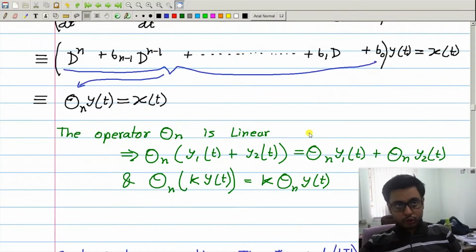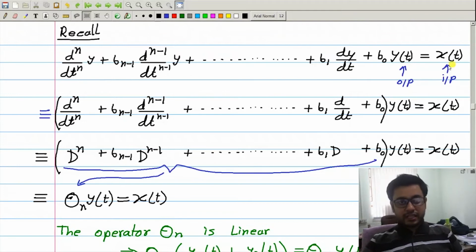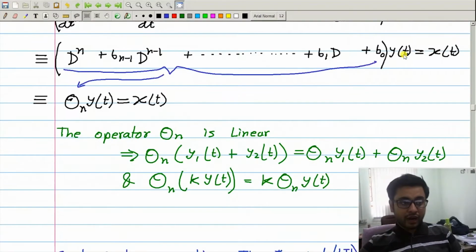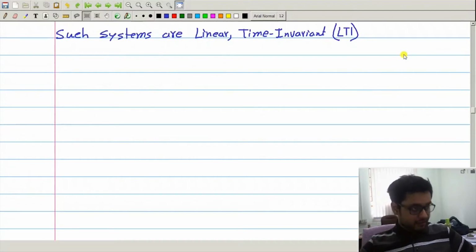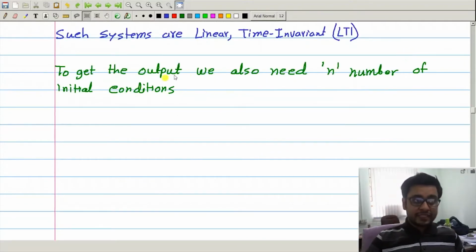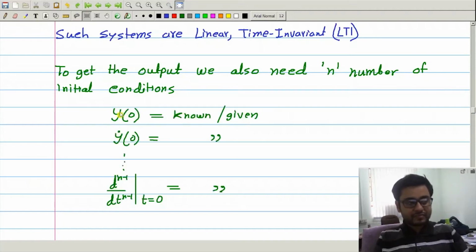Now, suppose this input is given and we want to find the output. But we have learned that to get the output, we will also need n number of initial conditions or boundary conditions, which look like this.